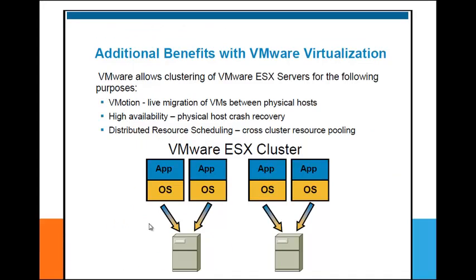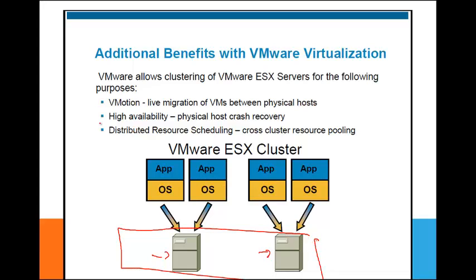Now, the benefits of VMware virtualization. The additional benefit is you can cluster them, you can group them. Instead of treating this as a separate box and this as a separate box, we can cluster all these boxes together, and we can have vMotion.